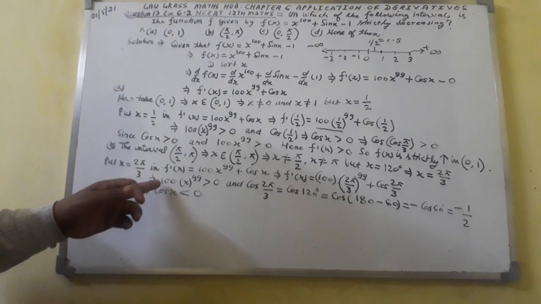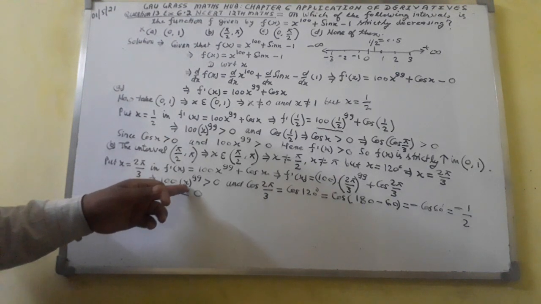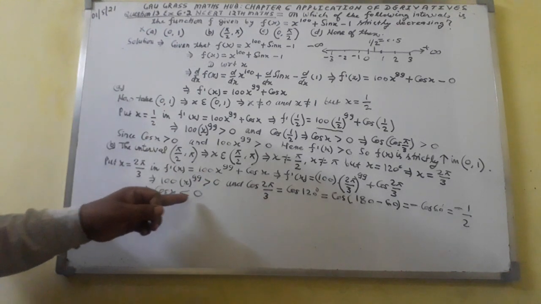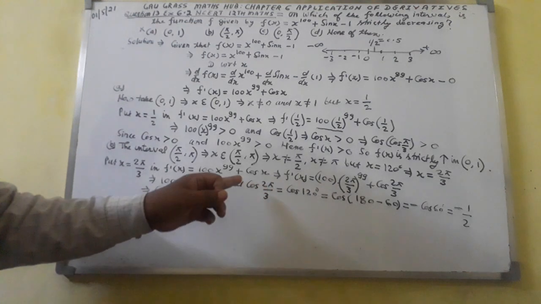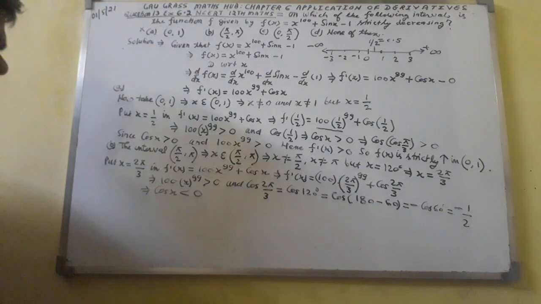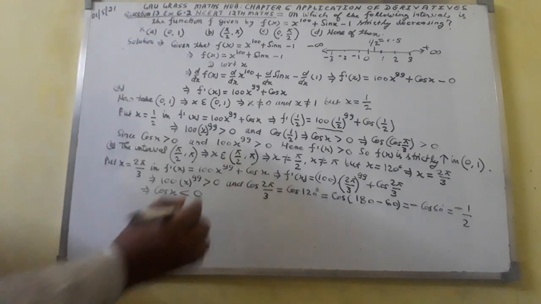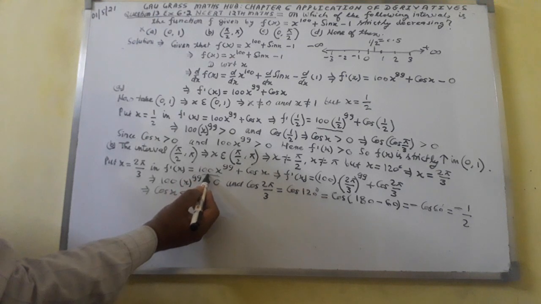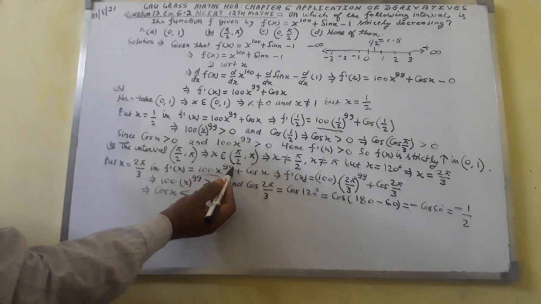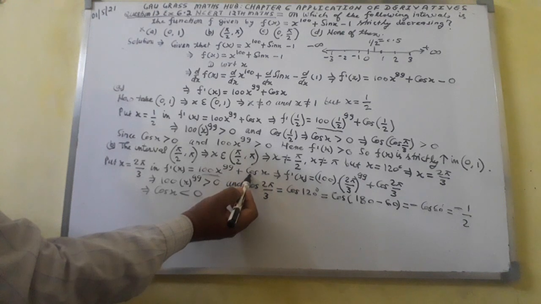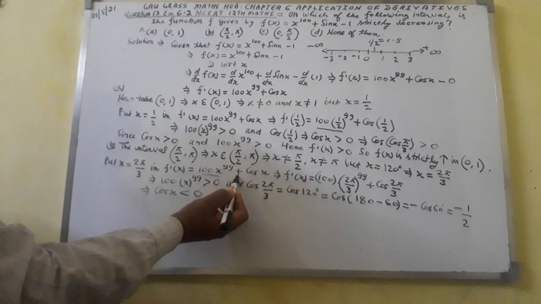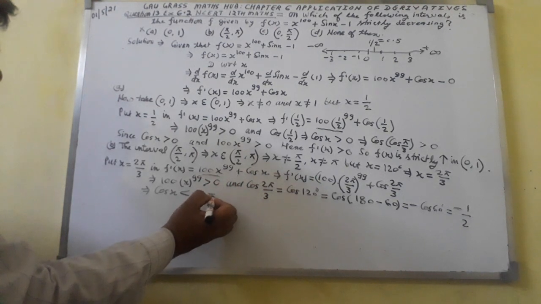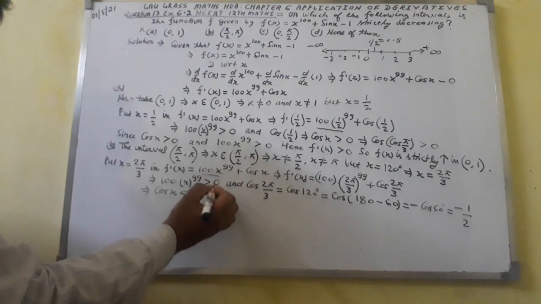Here you can see a contradiction is there. 100 x raised to the power 99 is greater than 0. Here it says cos x is less than 0. But here you can see the plus sign is there. This term 100 x raised to the power 99 is greater than 0, cos x is less than 0. When you add, but naturally this term is greater.